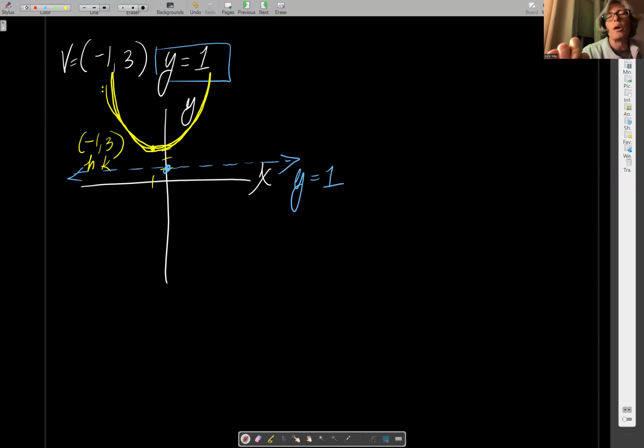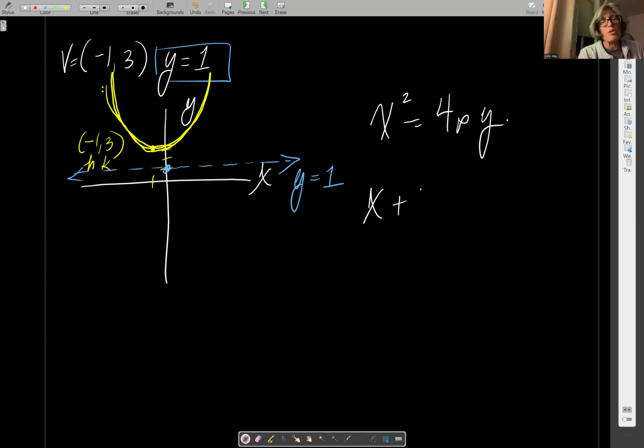And so the equation here is going to be x squared equals 4py. But because we're shifted, we're going to go (x plus 1) squared equals 4 times your p here, which is going to be 2.